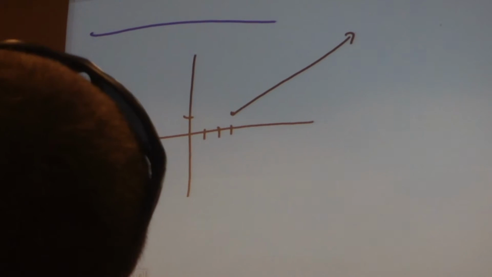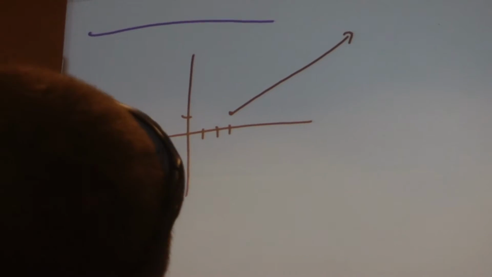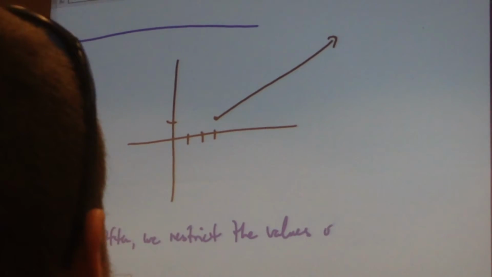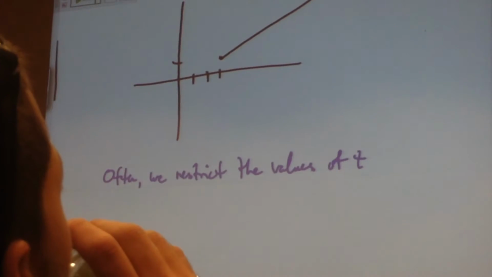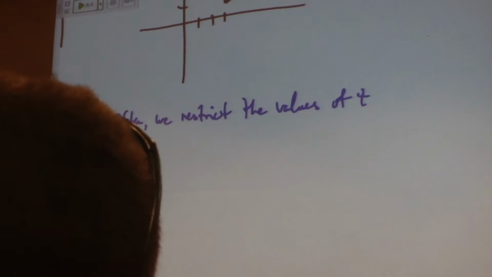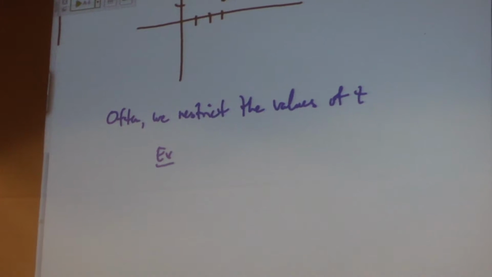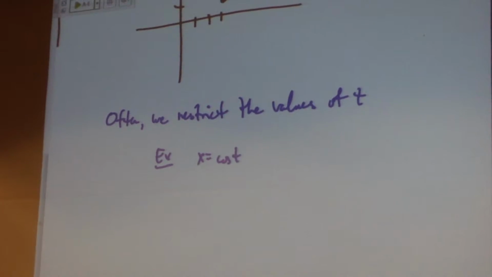Right. Okay. So often we restrict the values of t. So we might say I want x equals cosine t, y equals sine t, and t is between 0 and 2 pi, so that I only get one loop around the circle, not an infinite number of loops.